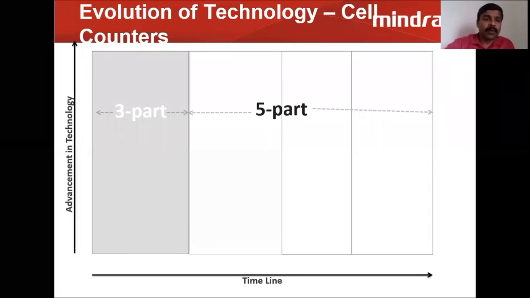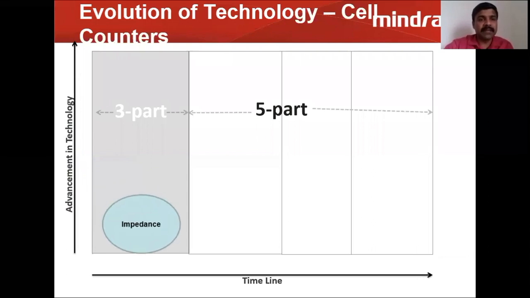Before going to the new analyzer, I would like to mention something about the earlier technology, which has evolved over a period to become a high-end technology. As everybody knows, the first cell counter was a 3-part cell counter where impedance was the measuring principle.